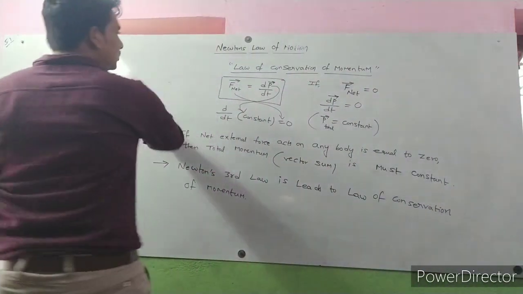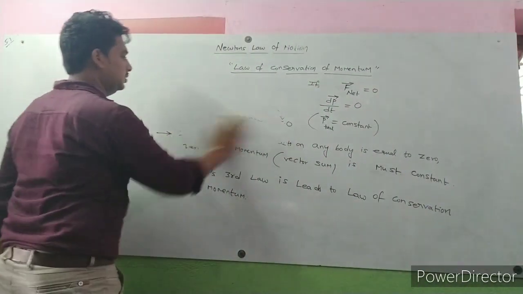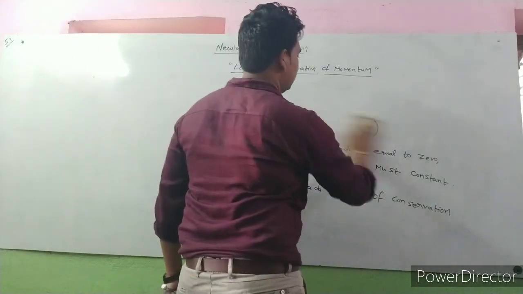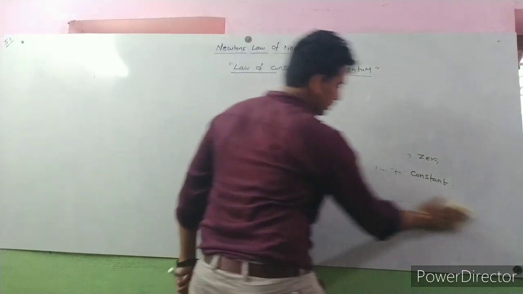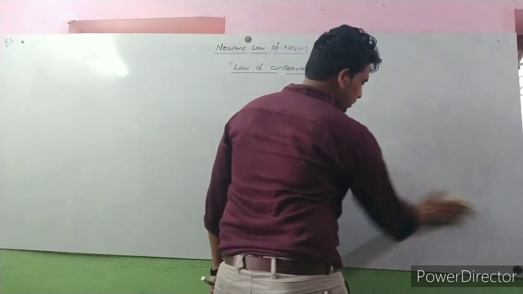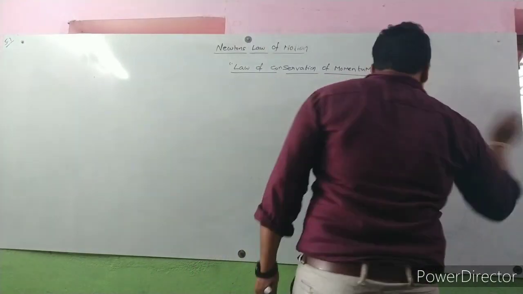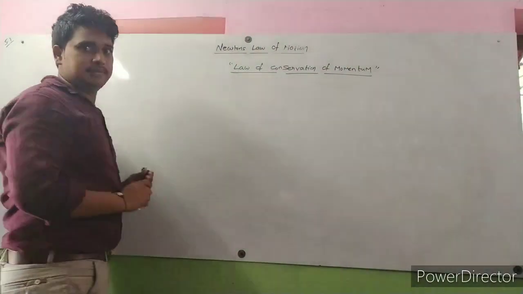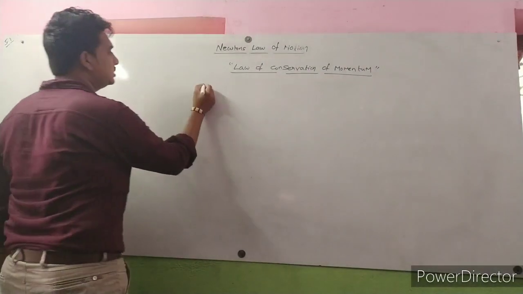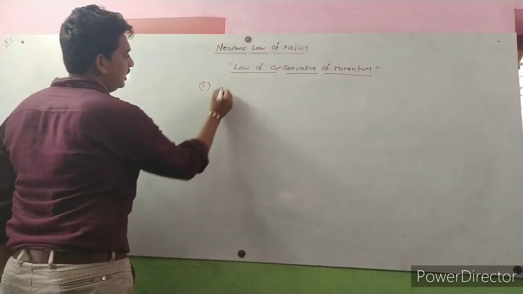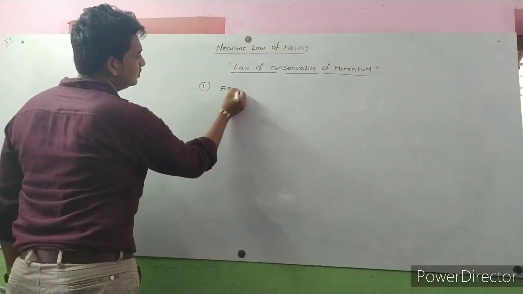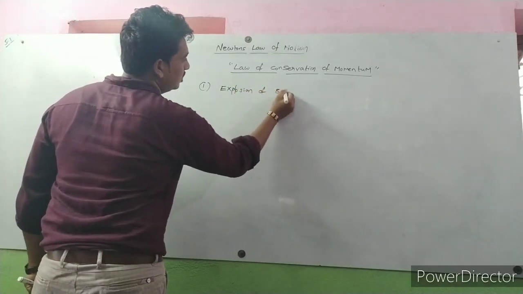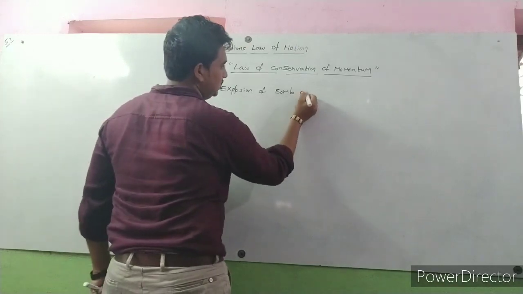Next, the main examples; mainly problems are asked based upon this chapter. First one is explosion of bomb or shell.